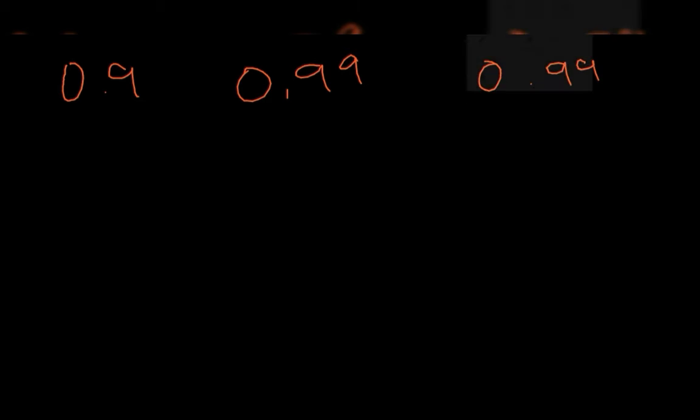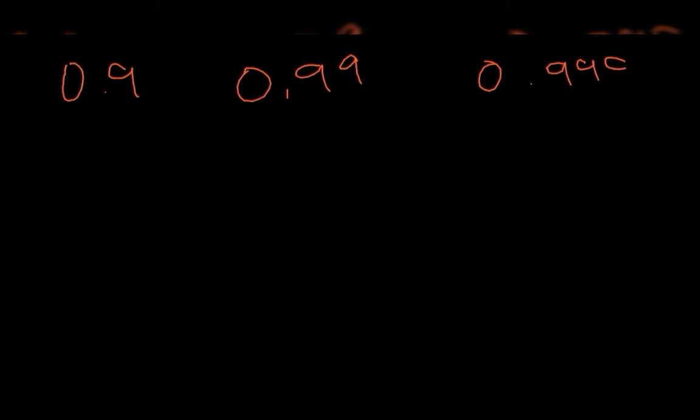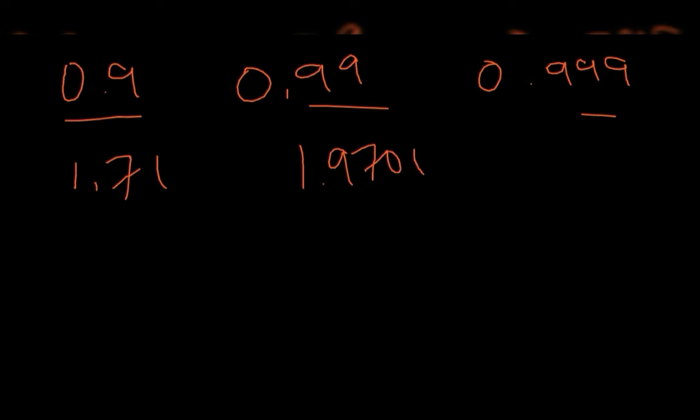Let's change this. So for these values, this is the x, then f of x comes 1.71, 1.9701, then 1.997. You can see it is slowly going towards 2.